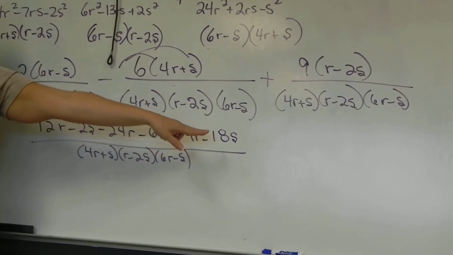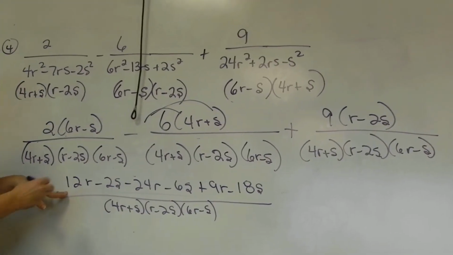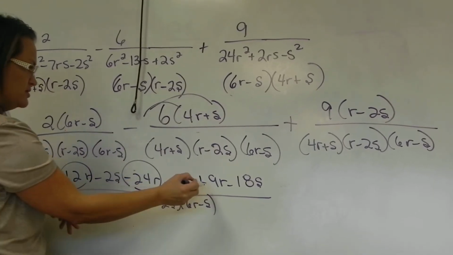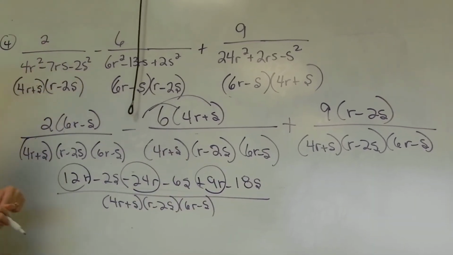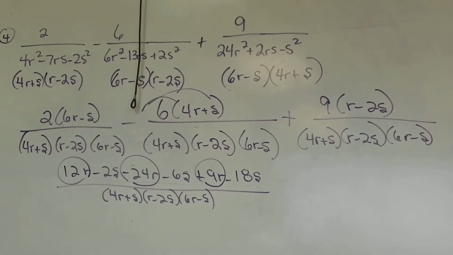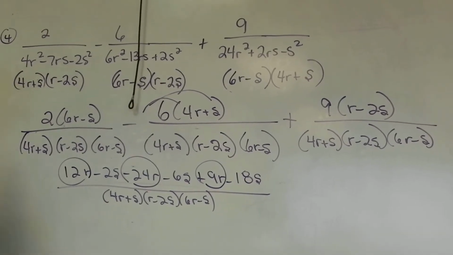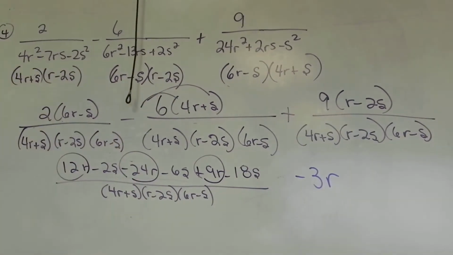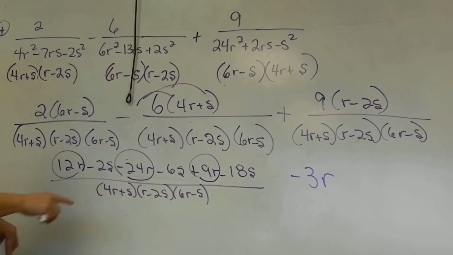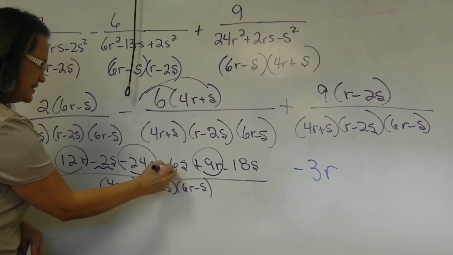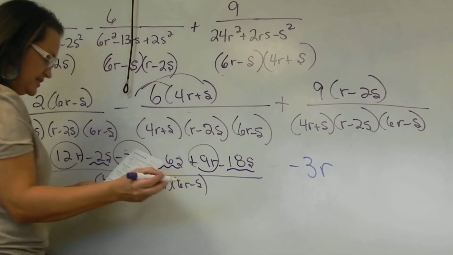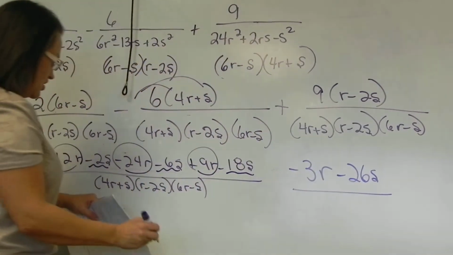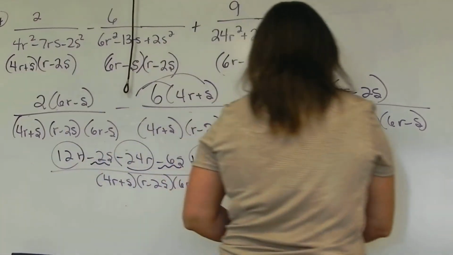Combine any like terms in the numerator. So 12R minus 24R and a 9R combines to be what? Negative 3R, I think. And then negative 2S, negative 6S, and negative 18S combines to be negative 26S all over that common denominator.